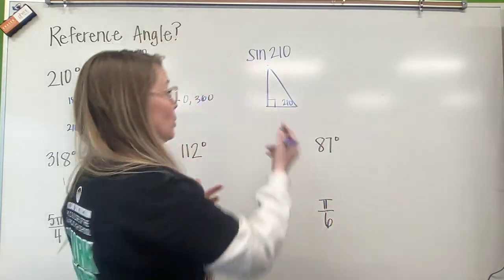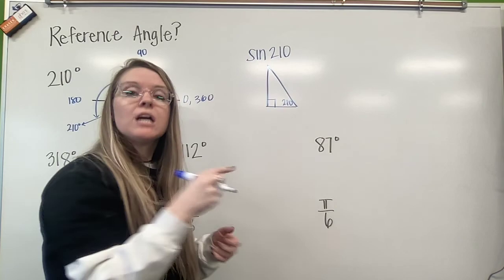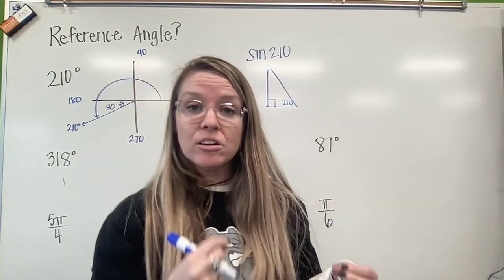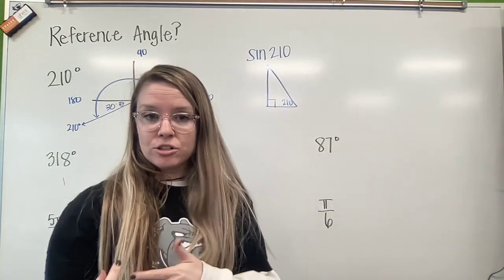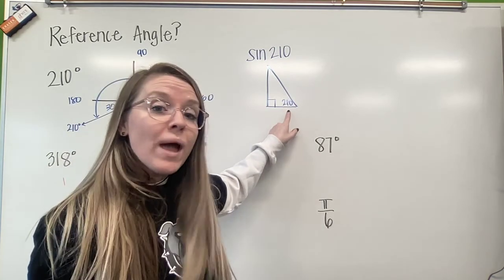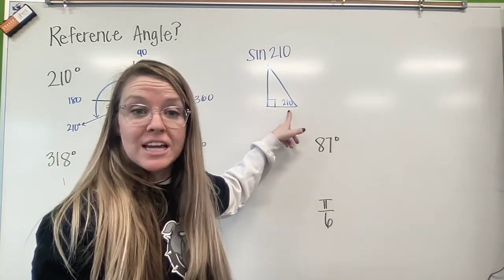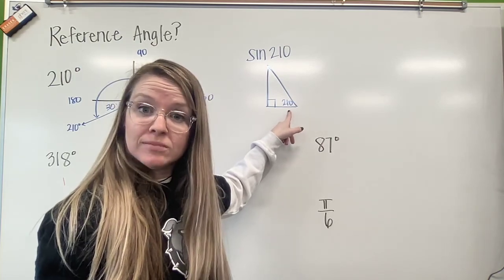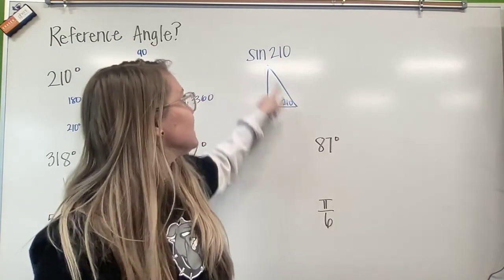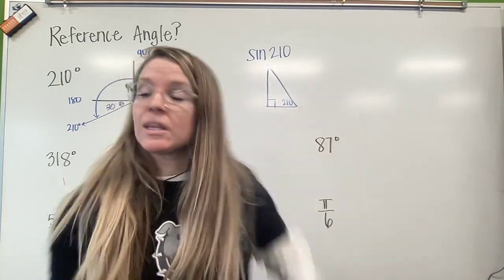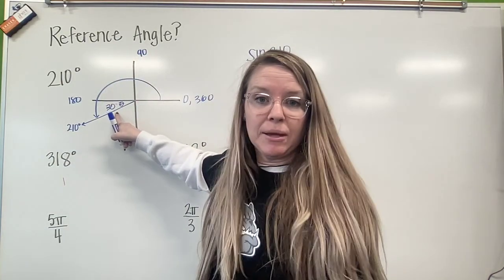Wrong. What do we know about triangles? Triangles have an interior angle sum of 180 degrees. So there's no way to build a right triangle with an angle of 210 degrees, right? So how do I find the sine of 210? That's where our reference angle is going to come in.